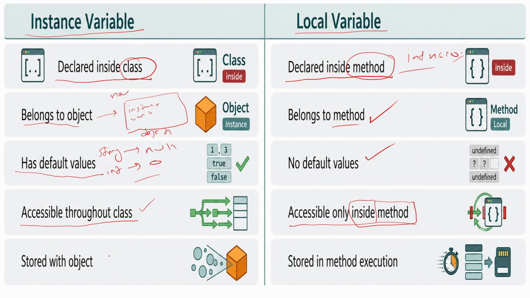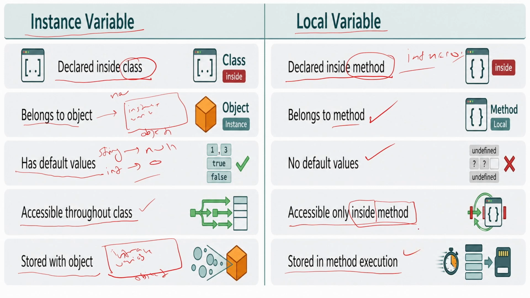Now the next point is that instance variables are stored within the object. So this is the object created in the heap memory, and inside the object, the instance variables will be there. And a local variable is stored during method execution. Whenever the method gets executed, the local variable gets created.